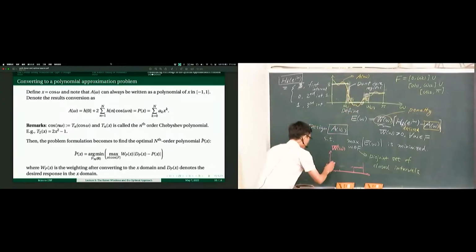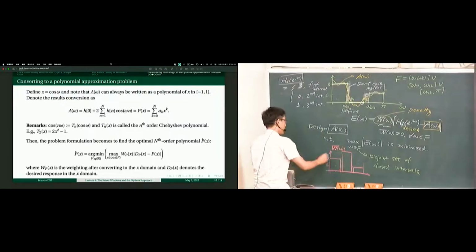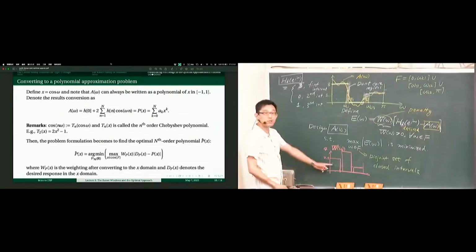So now we penalize the low frequency by put a weight of, let's say, 2.5 higher than 1, more important than the high frequency. And let's say the stop band is even more important, slightly more important, then we can have this flexibility to set the penalty even higher. So let's say now the penalty is 4.